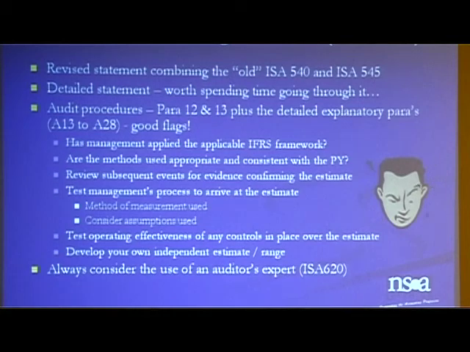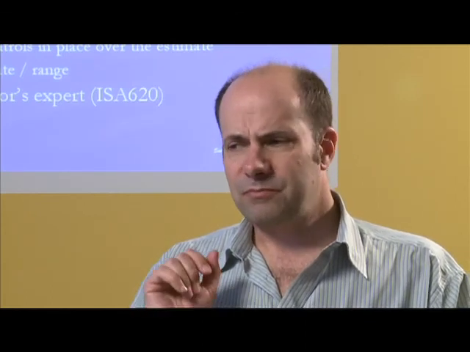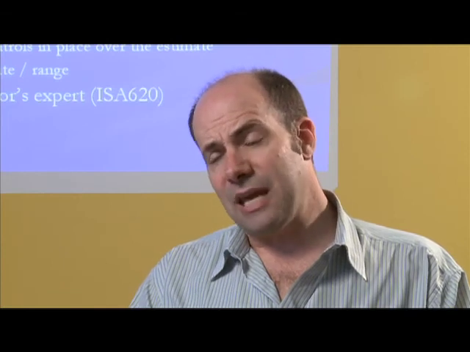I mentioned this earlier, where you've got ISA 540, always consider the possibility of bringing in the use of either a management's expert or an auditor's expert. We'll talk about auditor's experts in more detail just now, but typically, because there's some subjectivity going on here, and because often there are assumptions that are being made, and they're often things that we're not that familiar with. Whether these are impairments, and remember, any impairment would be regarded as an accounting estimate.